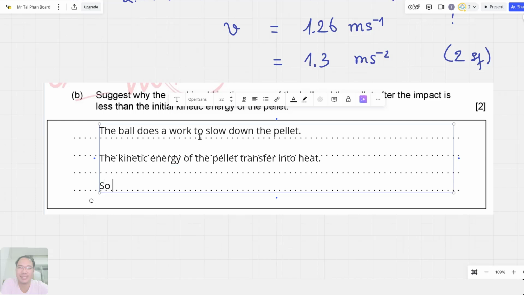Therefore, the kinetic energy of the system is smaller than before the collision.